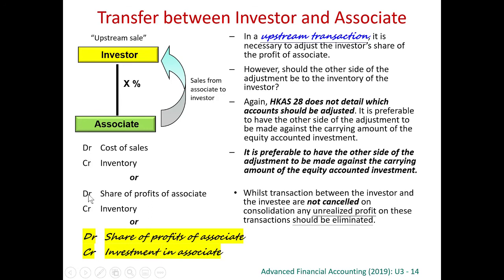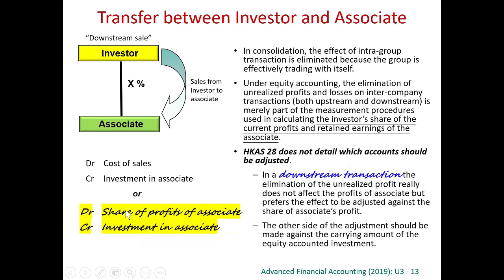One problem of this debit to share of profit of associate and credit inventory, as well as the debit to cost of sales and credit to investment in associate, is that we cannot really reconcile our share of profit of associate with the balance of the investment in associate, because we are debiting different things.